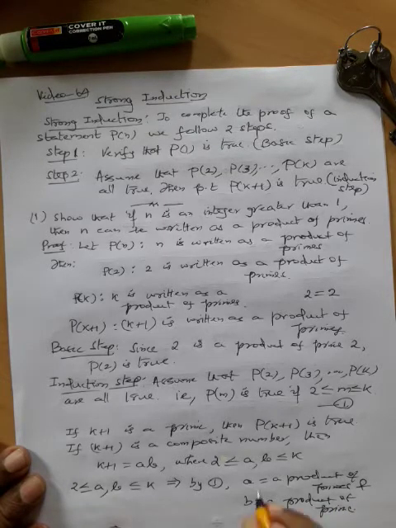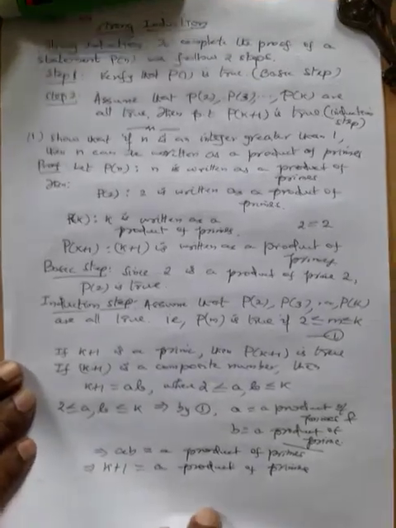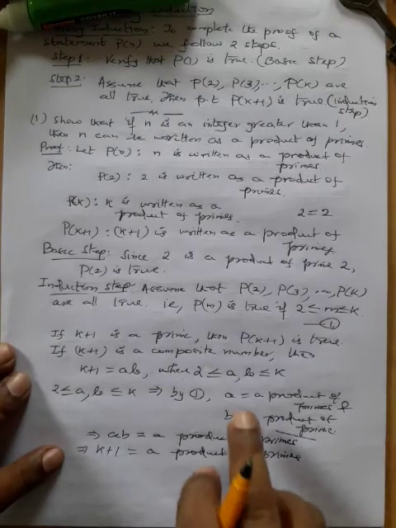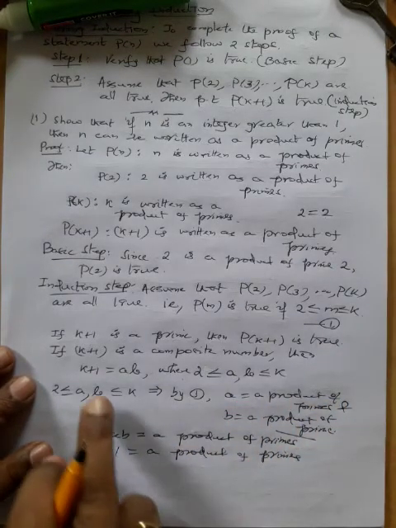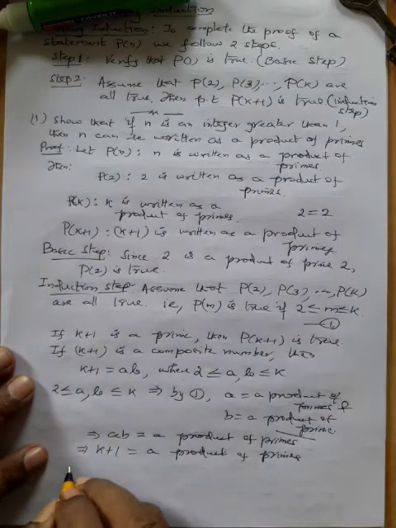This implies a is a product of primes, b is a product of primes, meaning ab is a product of primes. This implies k plus 1 is a product of primes. So a is a product of primes, b is a product of primes, therefore ab is a product of primes. ab is nothing but k plus 1, a product of primes.